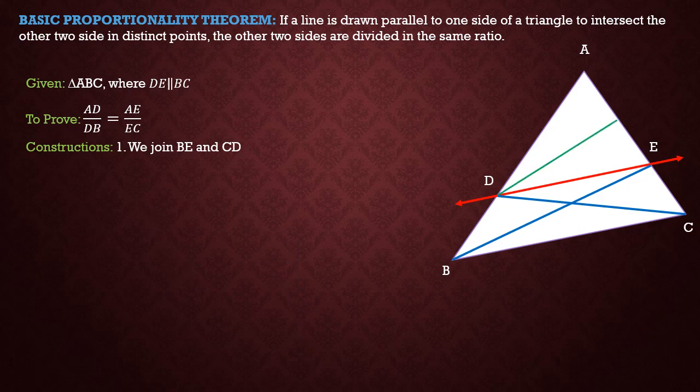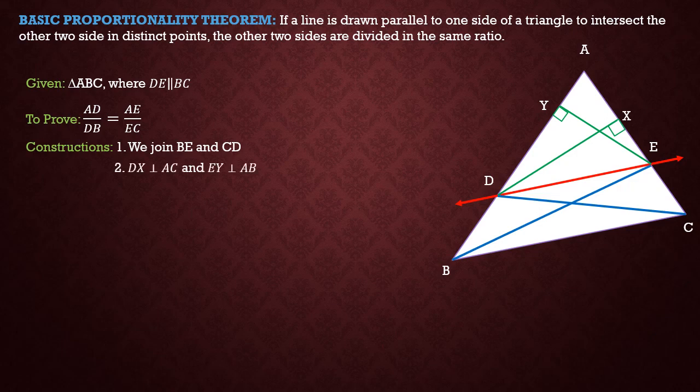So we will have DX as the altitude for the triangles ADE and ECD. Similarly, if you consider the triangle ADE and triangle DBE, you will have the bases AD and DB lying on the same line AB, and they have a common vertex E. Hence, EY will be the altitude for both these triangles.